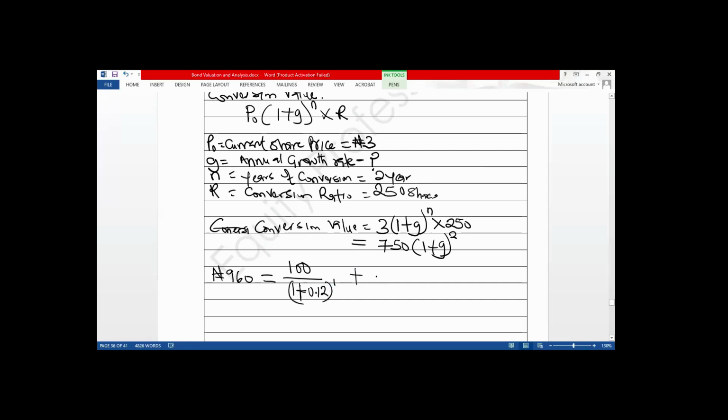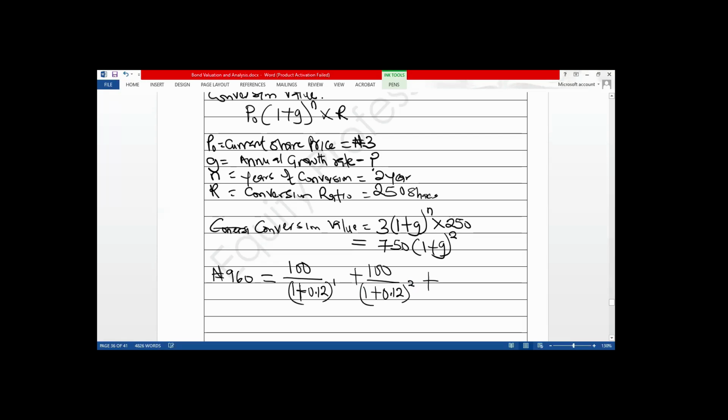you are expecting 100 naira in year 2. 100 divided by 1 plus 0.12, that will be in year 2, that present value.